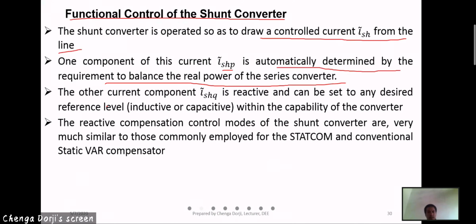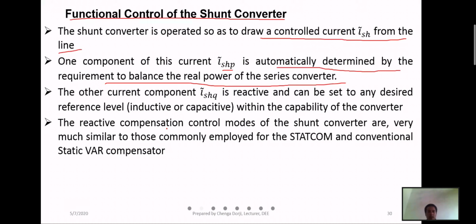The other component, ISHQ, that is reactive, can be set to any desired reference level, inductive or capacitive, within the capability of the converter, that is, within that operating range circle.